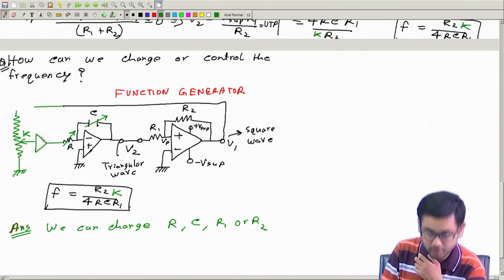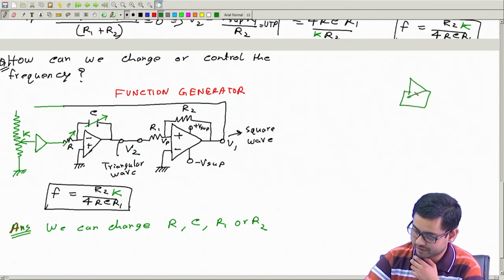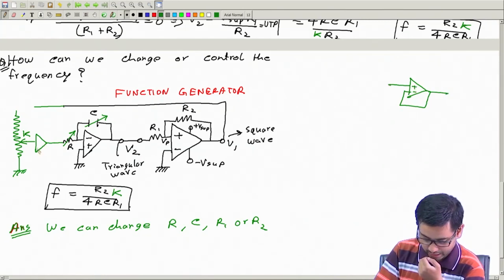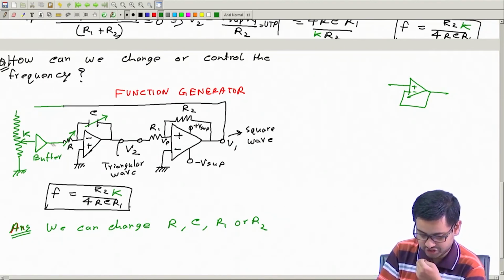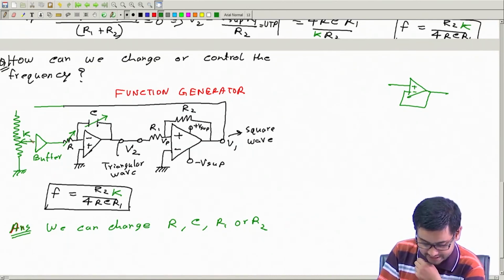This is a symbol of a buffer which could be just this op amp with direct feedback. To save space I am just drawing it like this. This is 1:1, so whatever is this voltage, this goes there. It copies the input to the output, but it does not take any current. The current here will be 0.